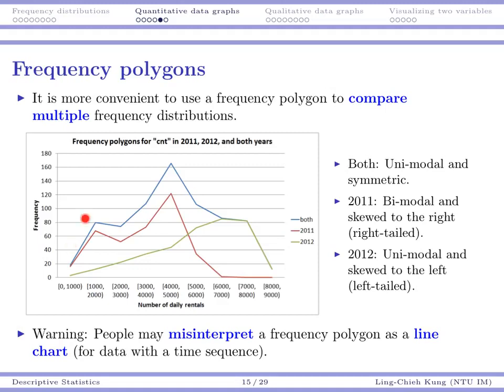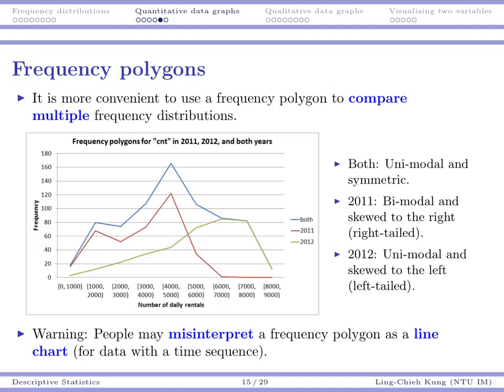Okay, then the blue line, of course, is just the frequency polygon I depicted in the previous slides. And then the red line is for 2011 and the green line is for 2012.